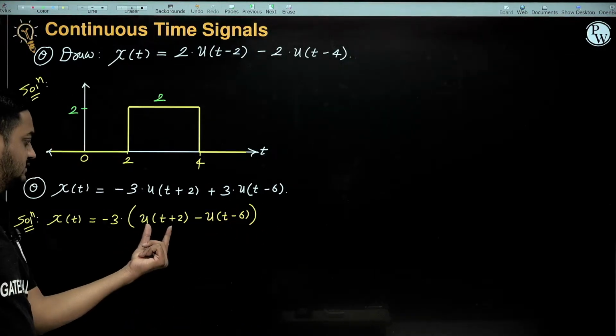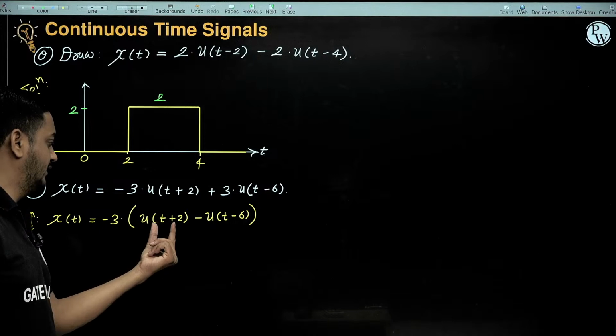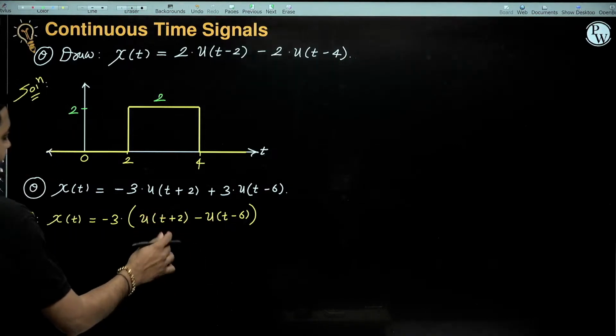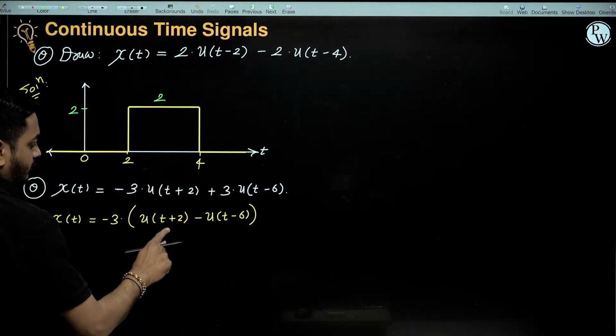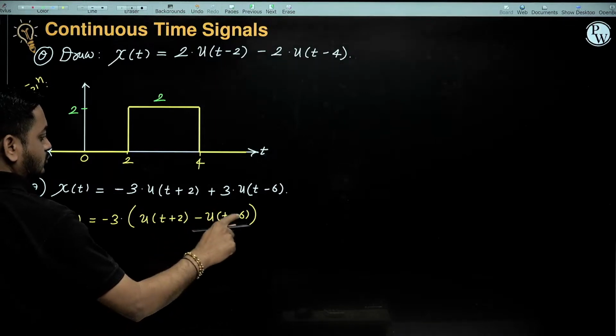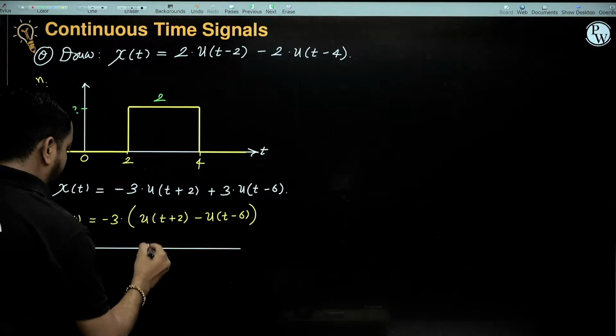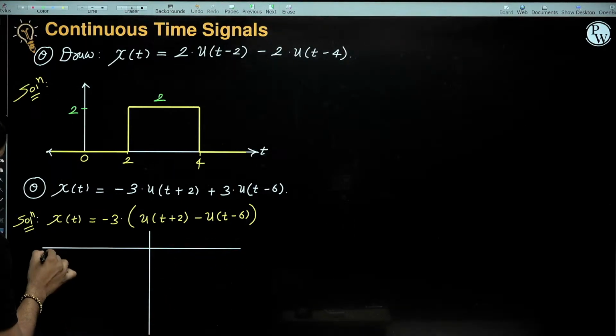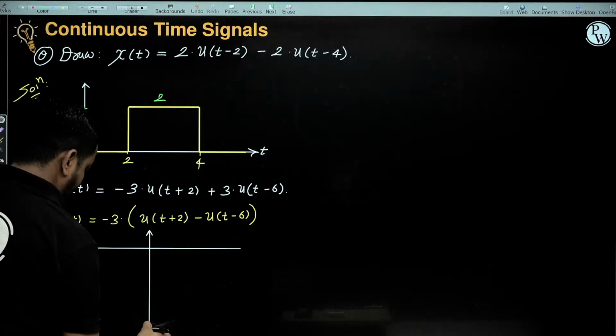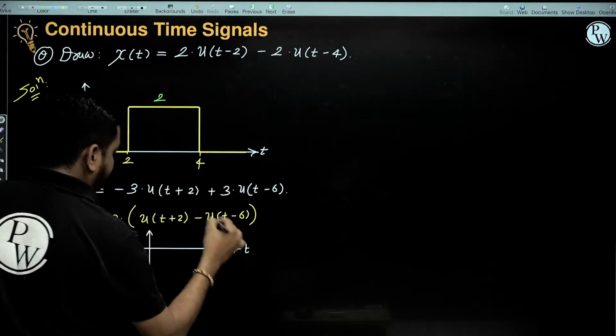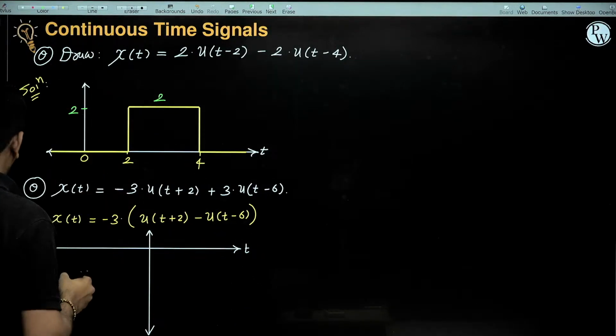Now this step function is starting from t equal to minus 2 and this t equal to 6. So here you will get rectangle function from minus 2 to plus 6 having amplitude minus 3, guys. Graphically it looks like this, guys. Okay.